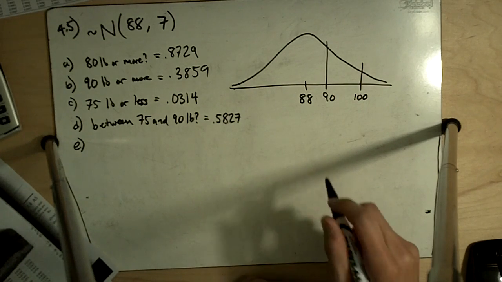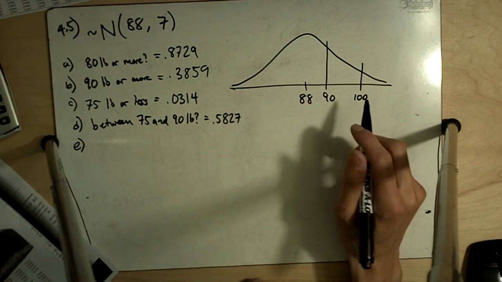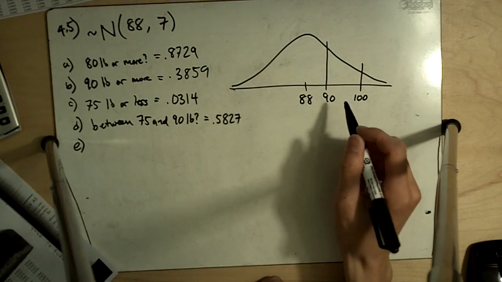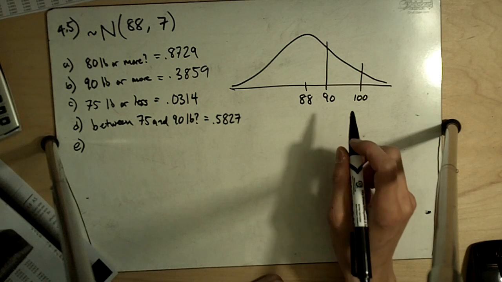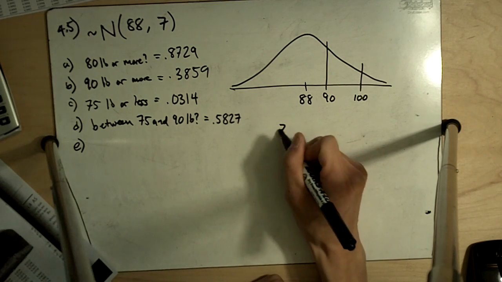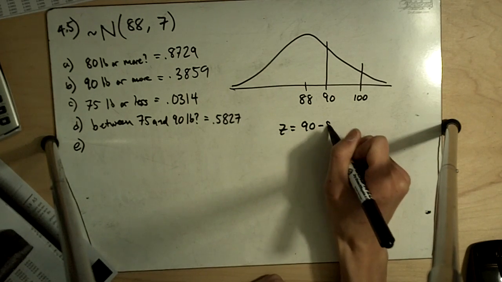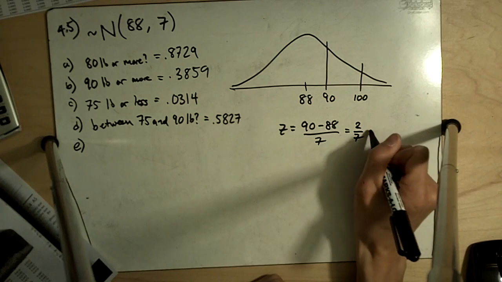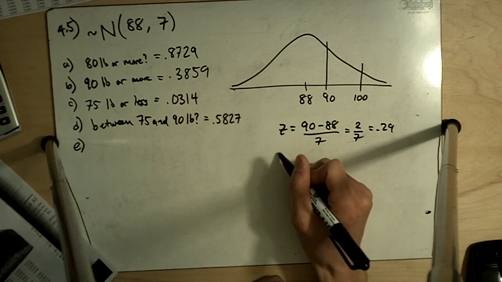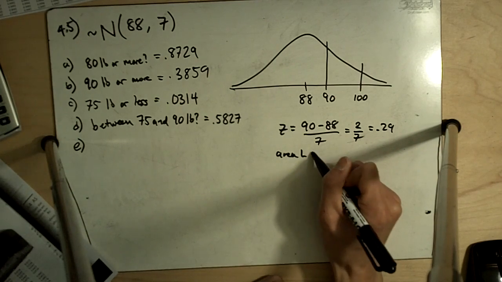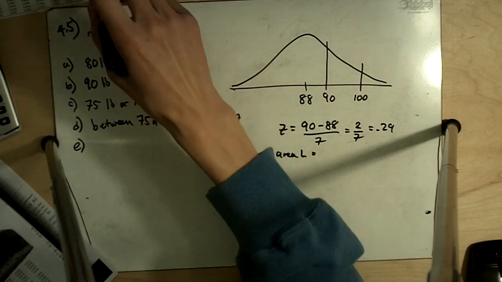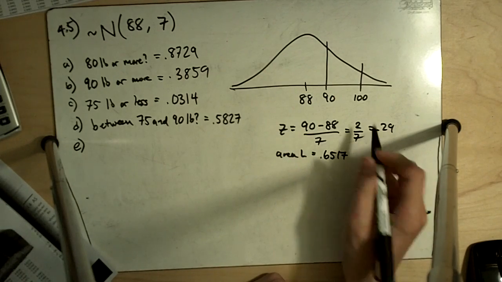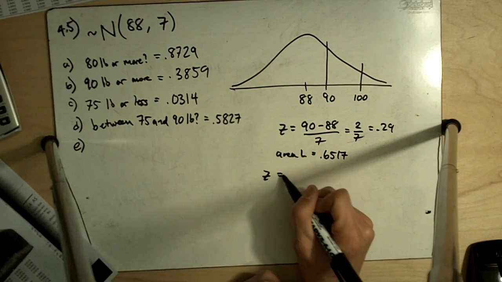Okay, we already have the number for greater than 90, but we're actually dealing with what's less than 90. So once again, our z for 90 is 90 minus 88 over 7, which is 2 over 7, which is 0.29. Area to the left of positive 0.29 was 0.6517.